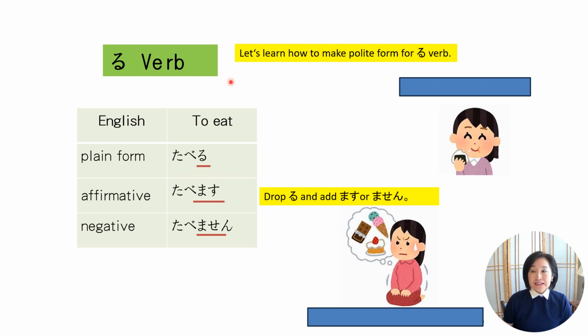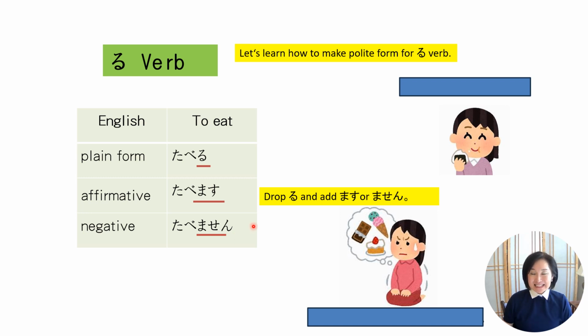Now, let's learn how to make polite form for Ru verb. All you need to do is to drop last ru from the plain form and add either mas for affirmatives and masen for negatives. So, 食べます is a polite affirmative and 食べません is polite negative forms.